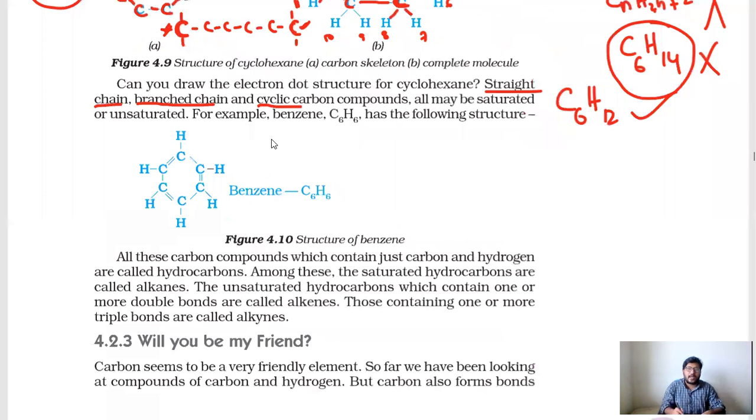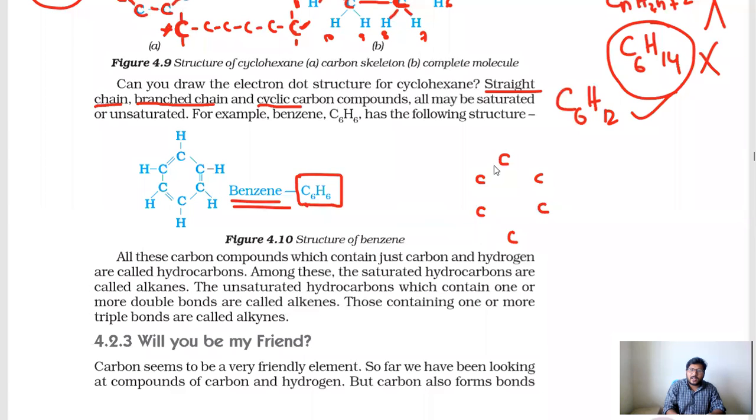So we have one important structure, that is C6H6. We can call it benzene. In chemical laboratories you can find benzene. The chemical formula is C6H6. How to represent? 1, 2, 3, 4, 5, 6 carbons, and how many hydrogens? 6 only.